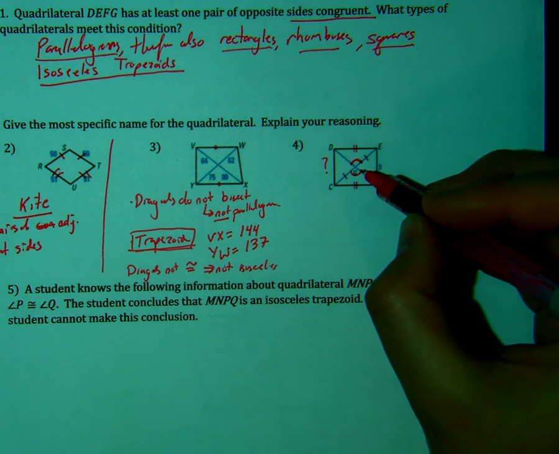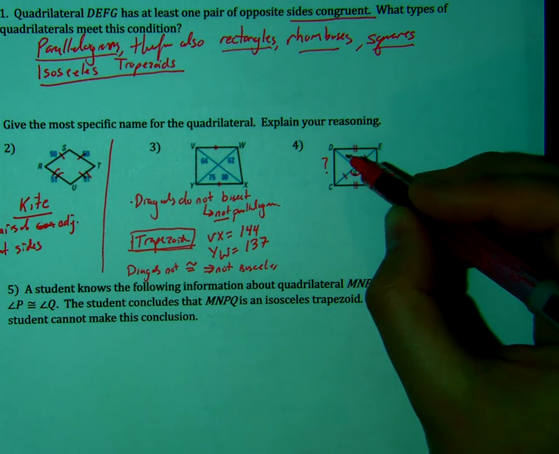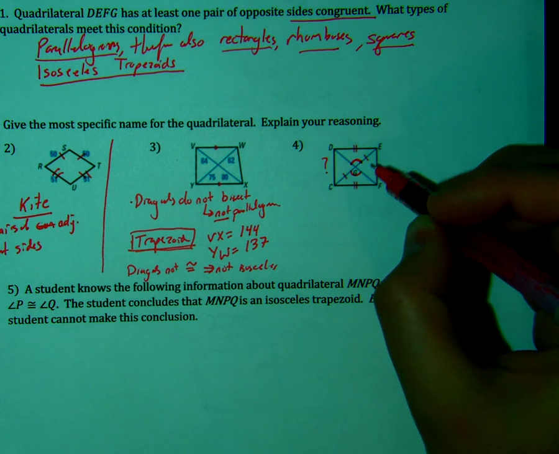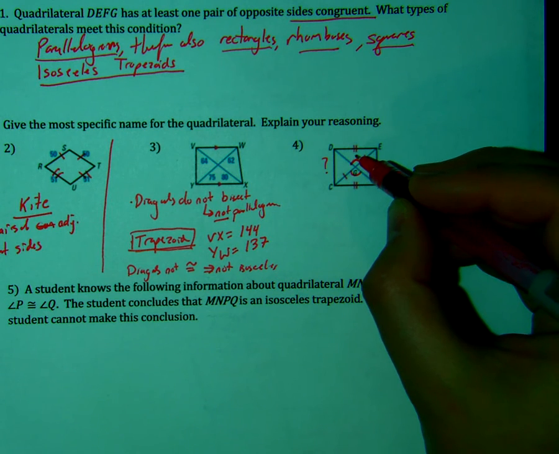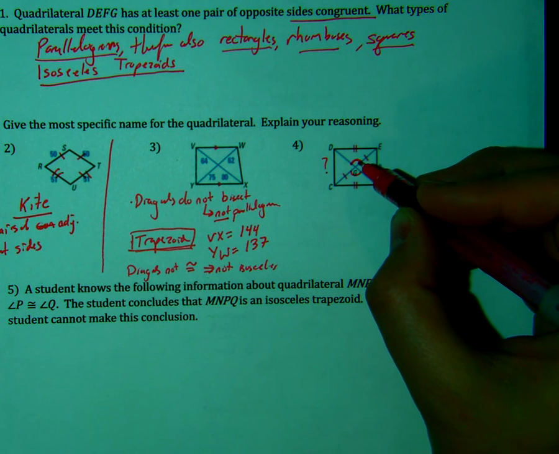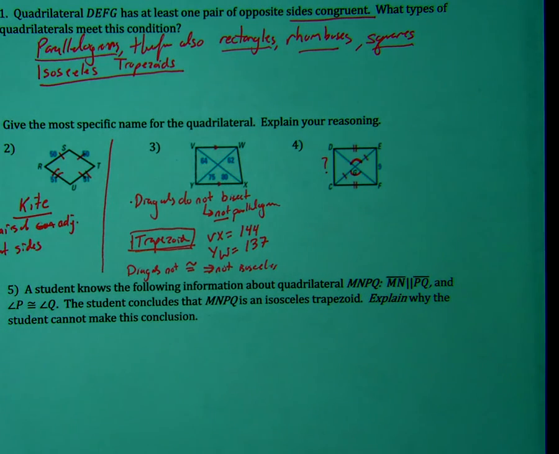So if you just use these vertical angles in here, and you look at the pieces of these triangles, like these two triangles, the top one and the bottom one, the parts that I know are side, angle, which we know is not a congruence theorem. So there's some ambiguity with how this shape could actually be.